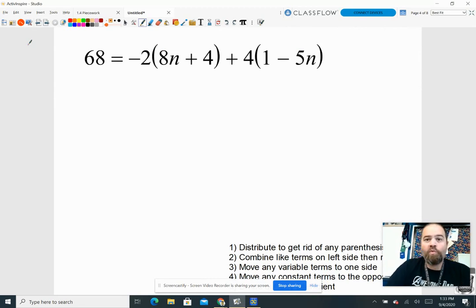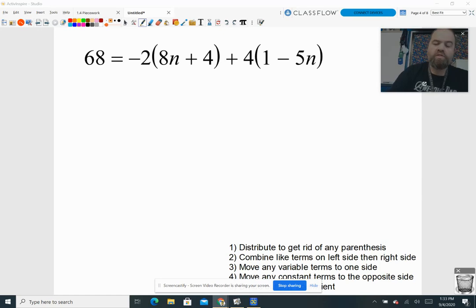All right, I moved the words down to the bottom to give myself a little bit more room to work. Now, if you notice, there's more than one set of parentheses, but that doesn't change anything. I still need to distribute to get rid of the parentheses. I'm just going to have to distribute 2 times because I've got 2 sets of parentheses.